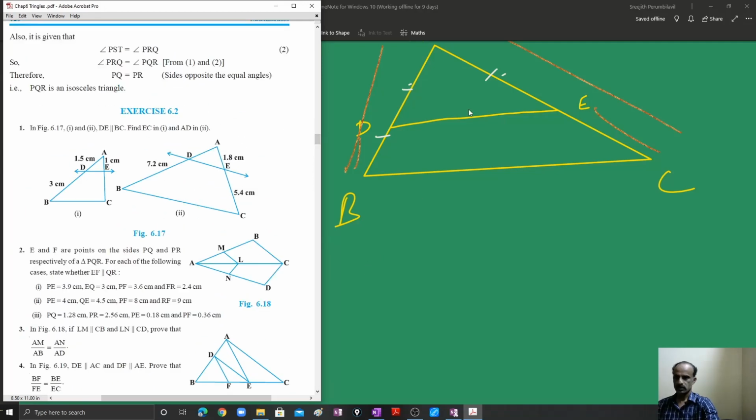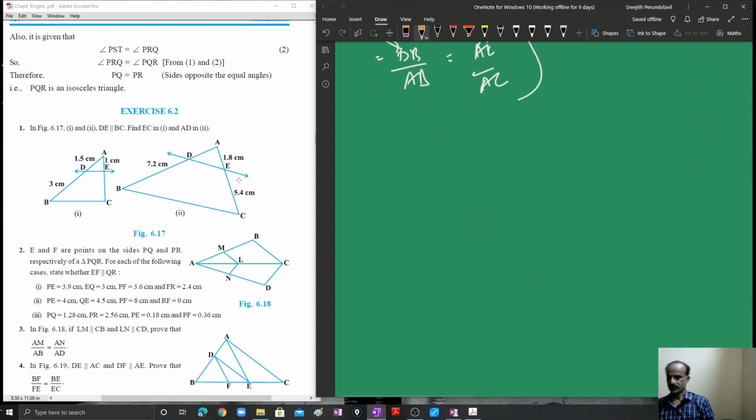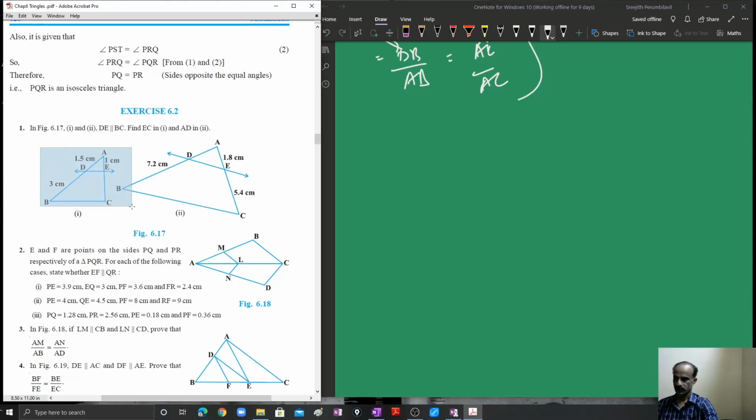Let us take the first question, exercise 6.2, question number 1. In this figure, 6.17, find DE, and DE is parallel to BC. Find EC. Two questions are given, we will take one of them. I will take this part.